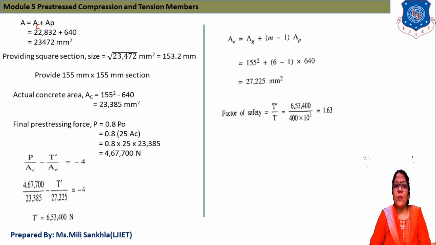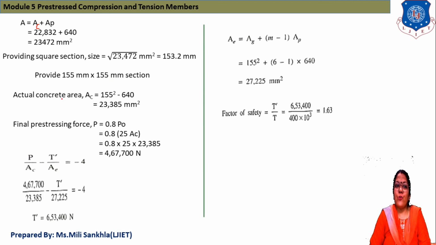Area of concrete is equal to 22,832 plus AP 640, and the total area is 23,472 mm square. Now we provide the size of section, so under root of this value we get 153. After that we provide 155 mm by 155 mm square size of section.